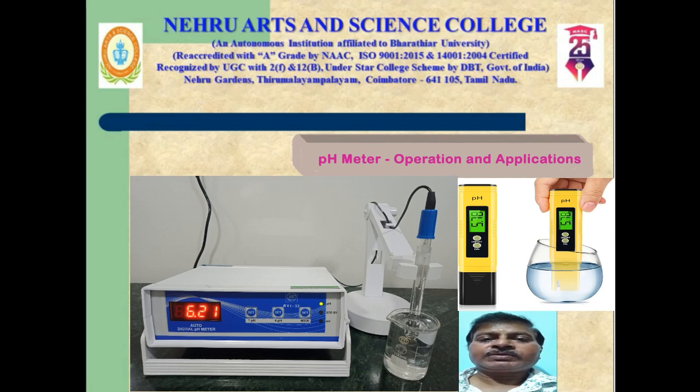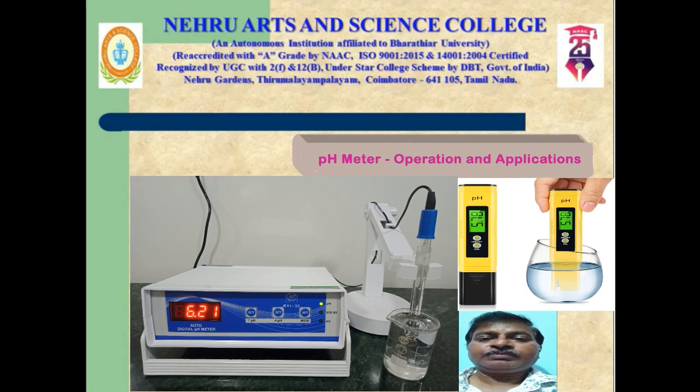So the pH of a solution is basically decided by the quantity or the concentration of H plus ion, that is proton, present in a given solution. For that purpose, there is a pH scale which is available to find out the acidity or alkalinity of a solution.